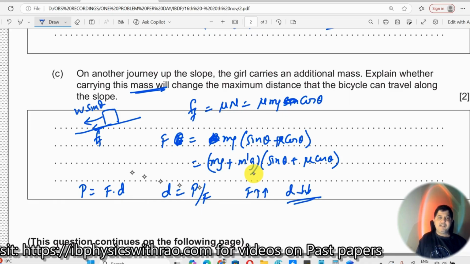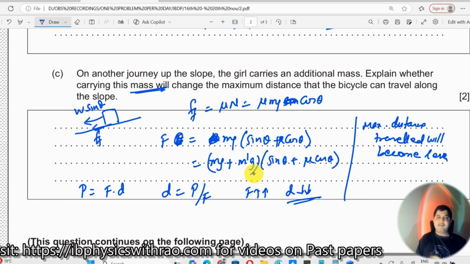D reduces, and therefore the maximum distance traveled by the bike will become less. You have to mention this, whatever are the reasons that you have got. Okay, let me move on to the next.